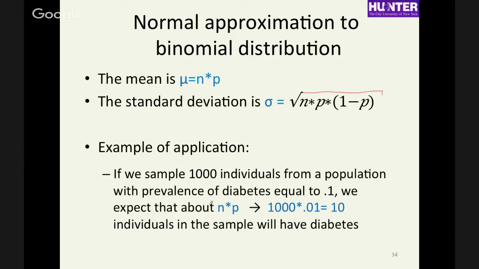Then the mean is 1,000 times 0.1, so the average number of people with diabetes out of a group of 1,000 will be 10. And if you wanted to calculate probabilities, like the probability of having between 8 and 12 people, you would use the standard deviation, the square root of 1,000 times 0.1 times 0.9.